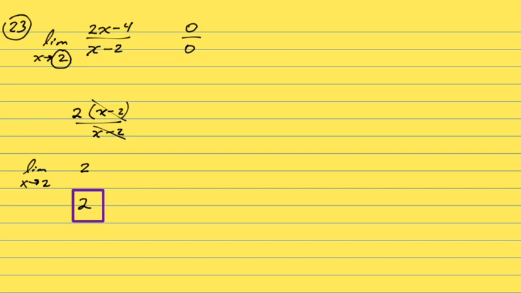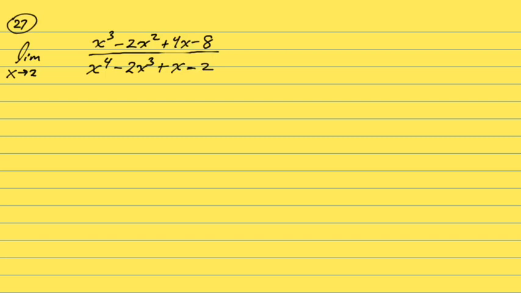I think they wanted 27, which is, again, I believe if I put in 2, I get 0 over 0. You can try it. I've already done it. It gives you 0 over 0. So I'm going to try factoring. What can I take out of the first two? An x squared. What would that leave me with?